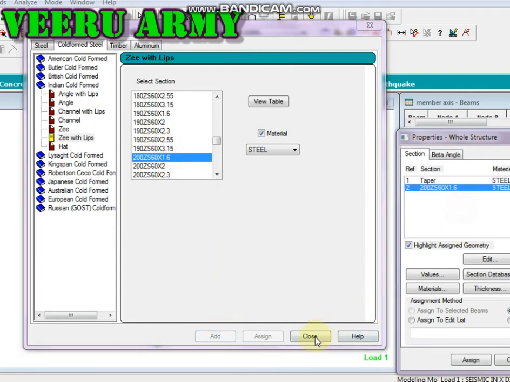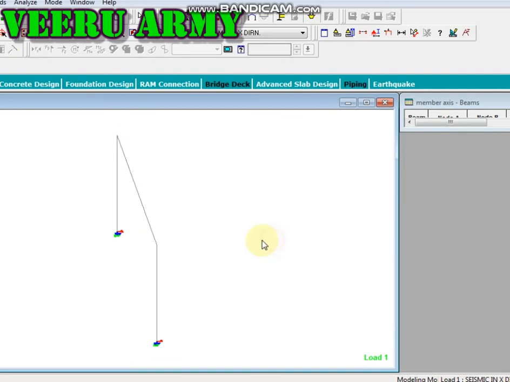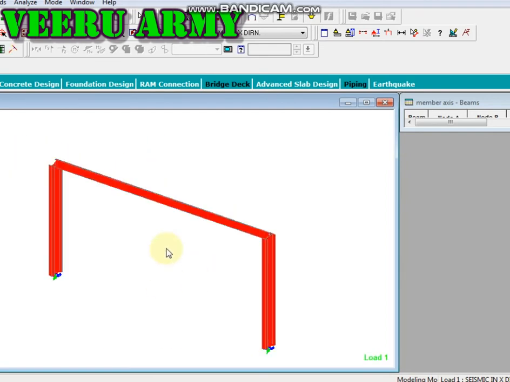So I am giving the property to this member. Now the structure will look in such a manner.